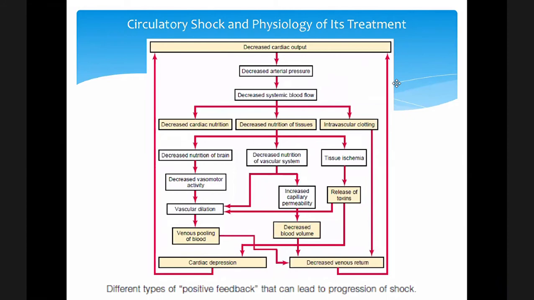So decreased cardiac output, decreased BP, results into decreased perfusion to the myocardium, decreased perfusion to all the tissues, and then there will be venous pooling, decreased blood volume, cardiac depression. There will be myocardial ischemia, less pumping, mas aggravate yung decreased cardiac output.